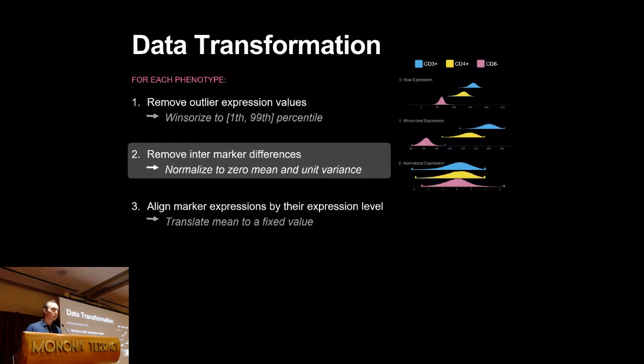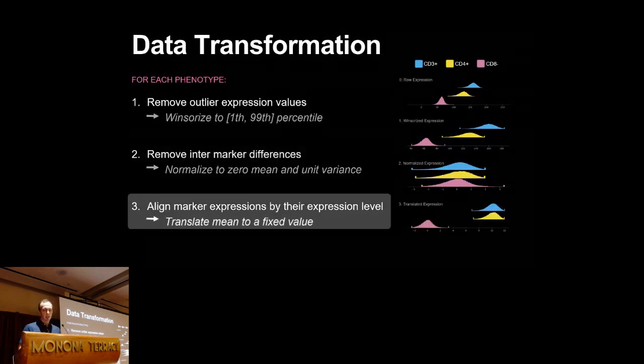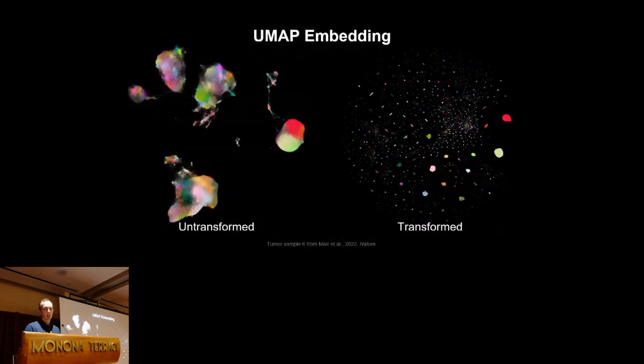Then we normalize the expression ranges to have 0 mean and unit variance. And then finally, we align those expression ranges based on the annotation level that we got from our clustering approach. If we transform the data in such a manner before embedding it, we are able to reveal the clustering information structurally and not just by color, as we can see here on the right side.